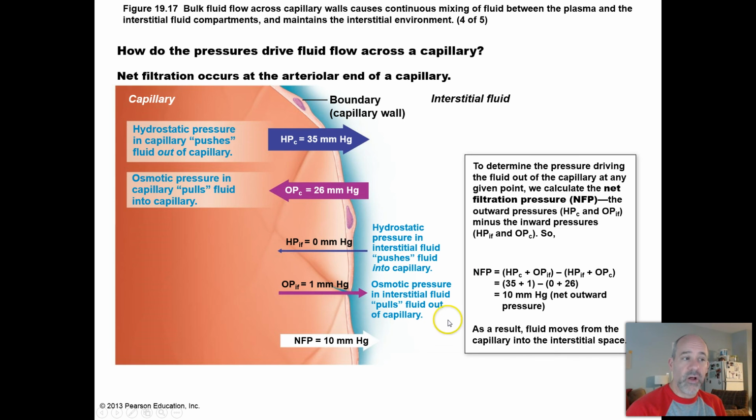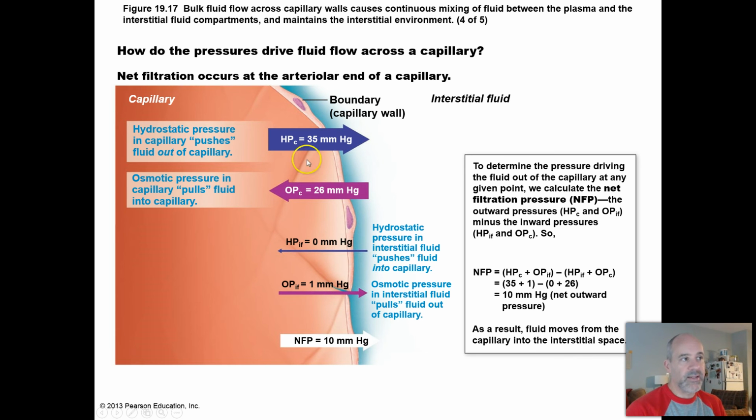Now, you do have solutes. As you know, you have dissolved substances in your tissue fluids, but they're not as concentrated as they are in the blood. So you do have an osmotic pressure from the solutes in your tissue fluids that's sucking some water out of the capillaries as well, but it only contributes about 1 millimeter of mercury of osmotic pressure.